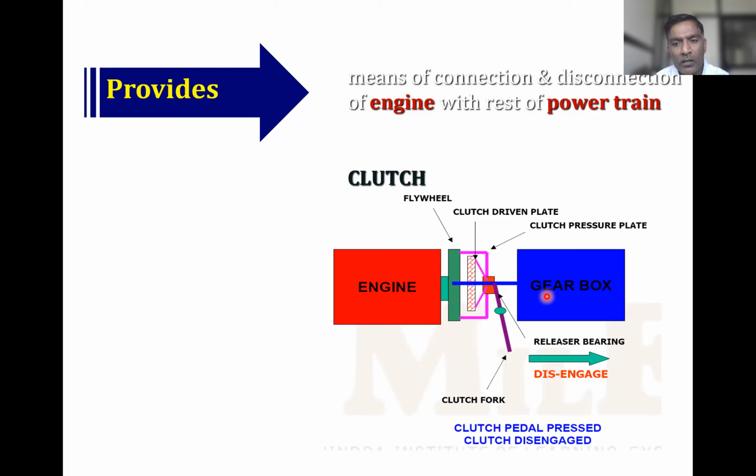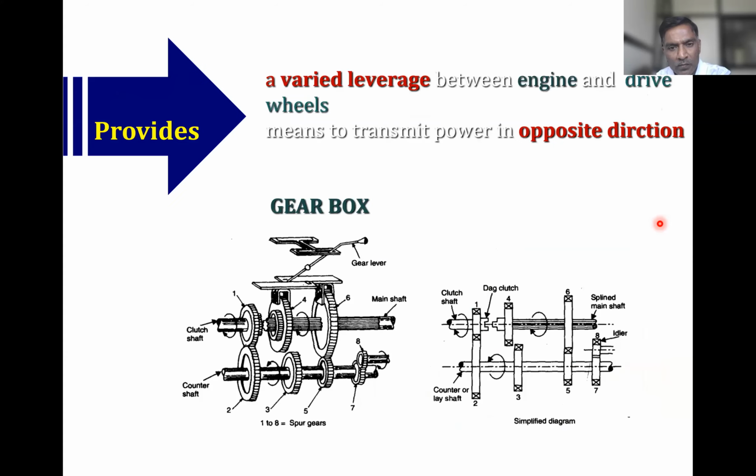And when this plate is released from the contact, then power is not going to be transmitted to the gearbox. So, clutch pressure plate.